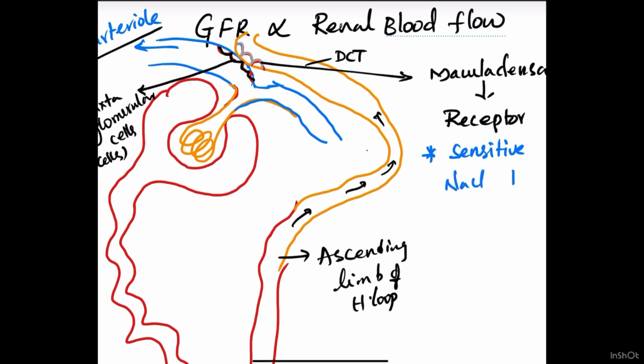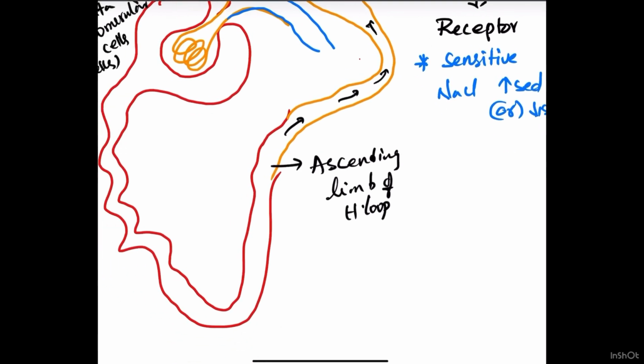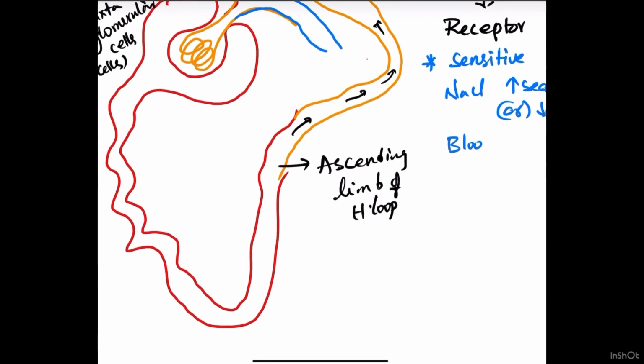If the NaCl quantity is increased or decreased, it's going to be recognized. The same way, if blood flow is increased or decreased, if GFR is increased or decreased, if blood volume is increased or decreased, anything is going to be recognized by this.